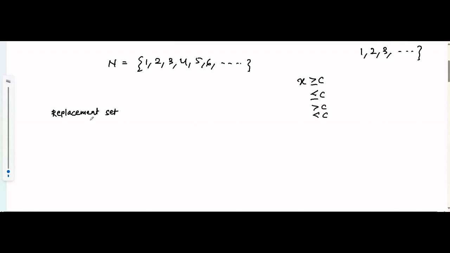We get a relationship between the variable and the constant. The replacement set is the set from which the value of x is to be chosen, which satisfies the relationship of the inequation.